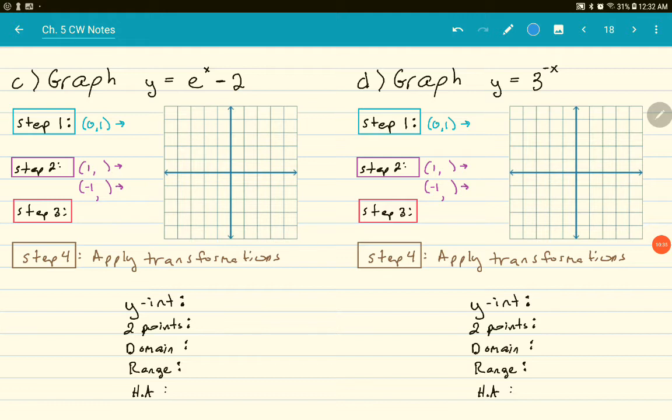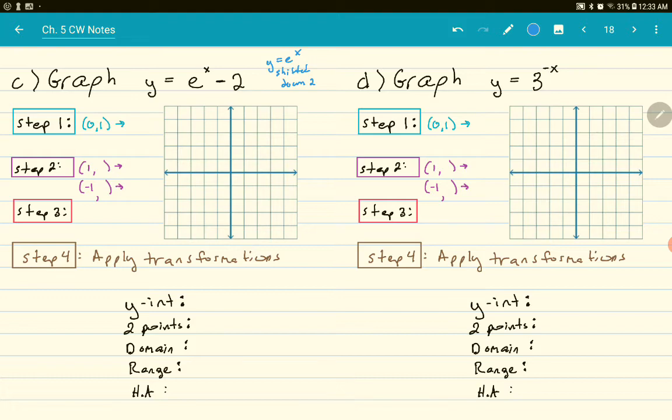All right, let's do 2 more examples. So let's move on to C. We have a vertical shift. So our parent function is y equal to e to the x, and we're going to shift that down by 2.